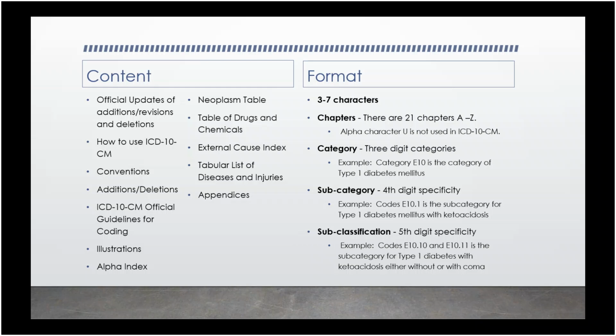One year you may only have a few updates, so you can go through and make those changes in your book yourself, whereas another year you may have hundreds of additions and deletions, and you're going to have to invest in those resources. You've got your official coding guidelines. They are located at the beginning of the book.